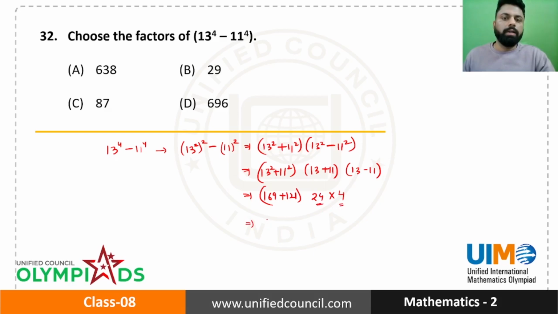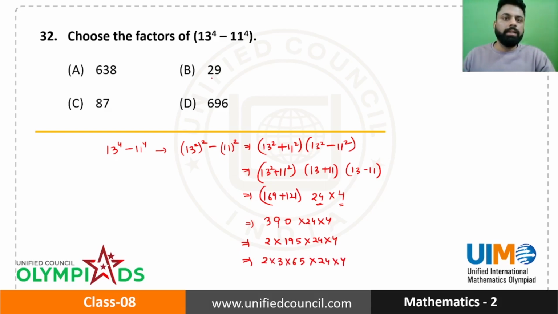Now this can be written down as 290 multiplied by 24 multiplied by 4. 390 is 2 multiplied by 195, 5 multiplied by 24 multiplied by 4. This is 2 multiplied by 3 multiplied by 65, 5 multiplied by 24 multiplied by 4.